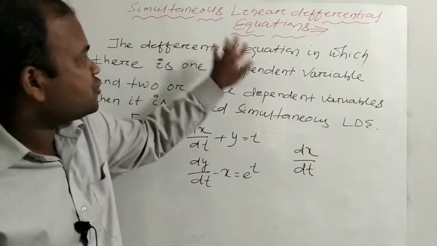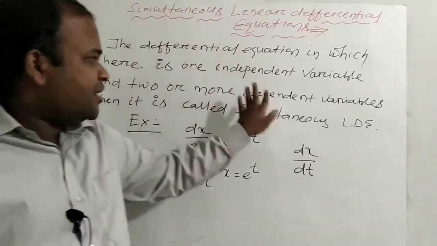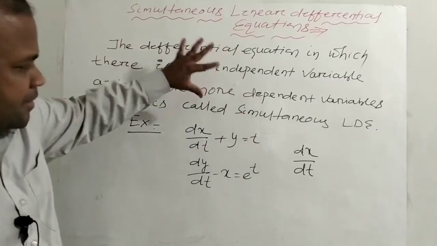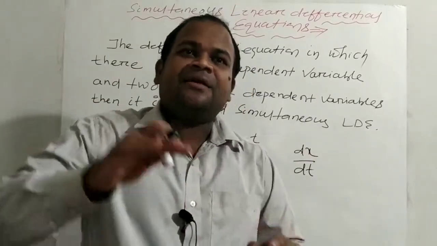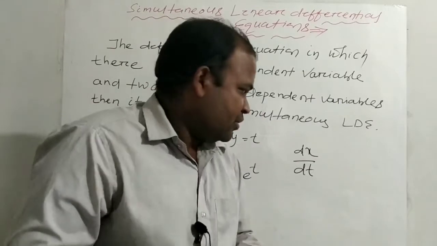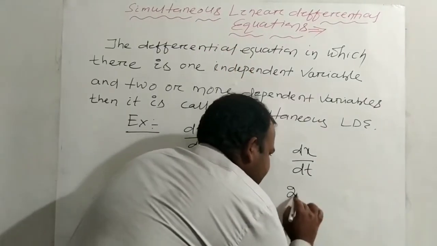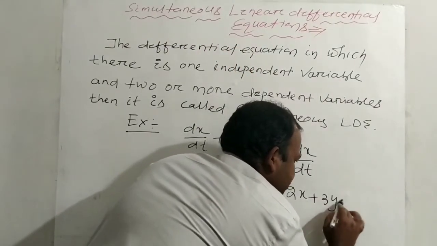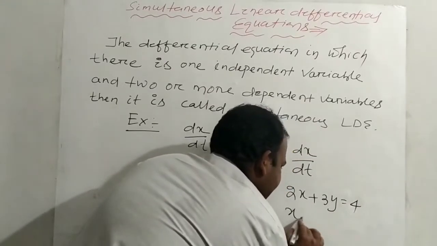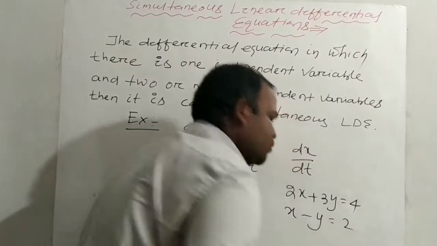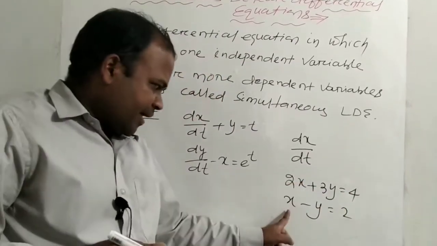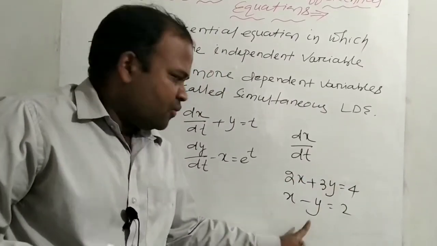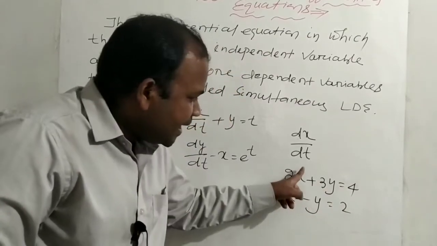So how do we solve a simultaneous linear differential equation? This type of differential equation is solved using the method of elimination or the method of cancellation. Suppose this is a linear equation: 2x plus 3y equals 4 and x minus y equals 2. How do we solve this? For the solution of x you eliminate y, and for the solution of y you eliminate x.